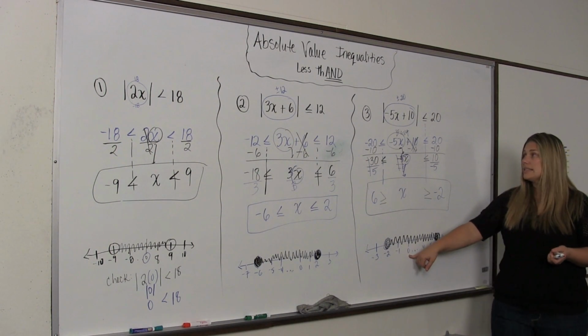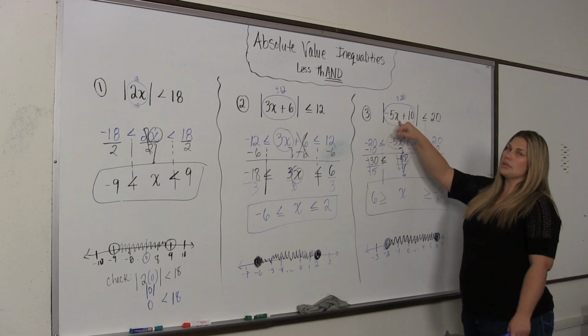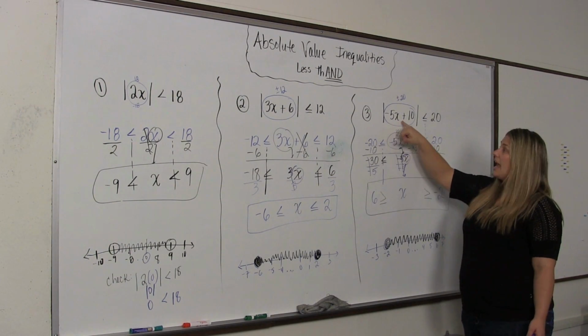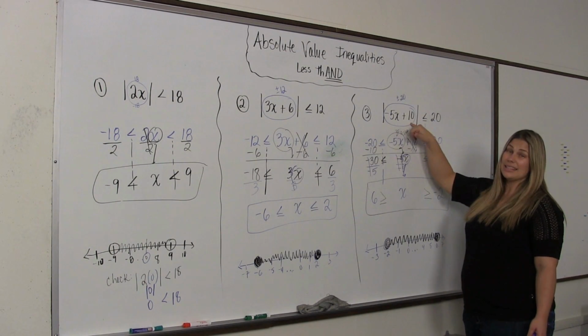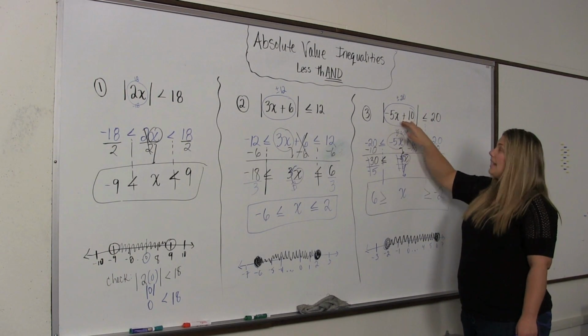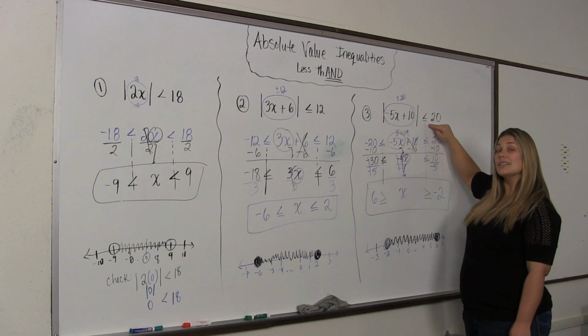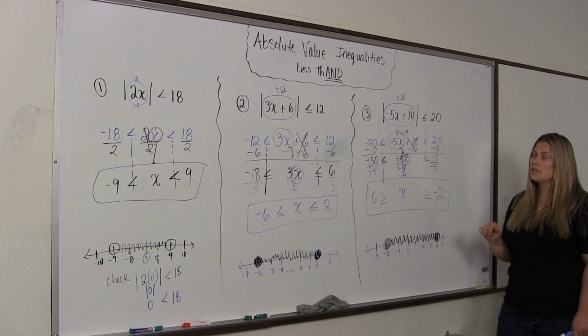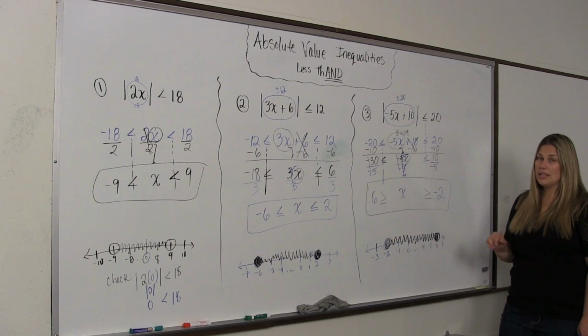So if I plugged in 0 back up into this original problem, negative 5 times 0 is 0, and 0 plus 10 makes 10. Well, the absolute value of 10 is still just 10, and yes, 10 is less than 20. So all of these numbers in between should make that inequality true.